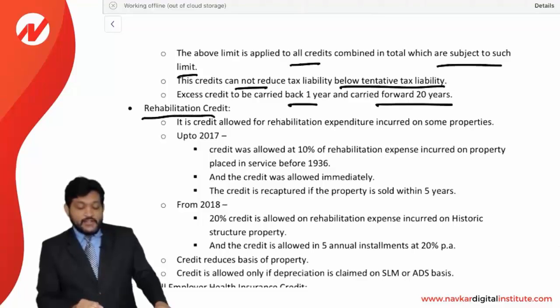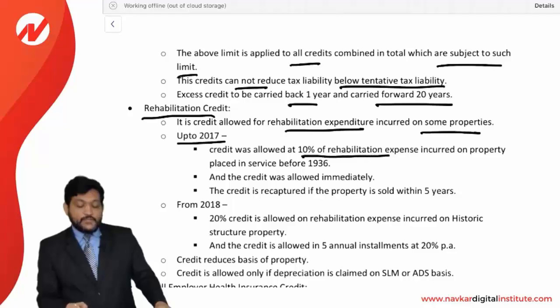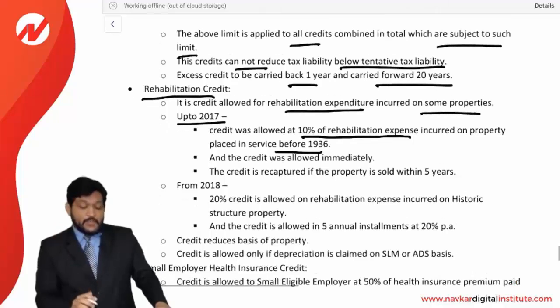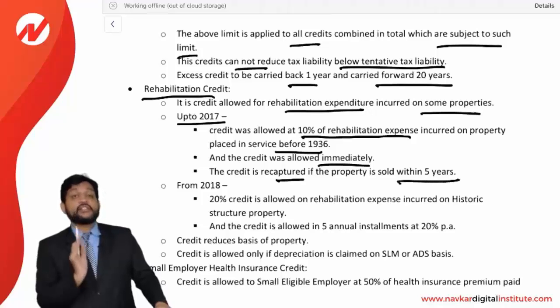Rehabilitation credit. It is a credit allowed for rehabilitation expenditure incurred on some properties. Up to 2017, the credit was allowed at 10% of rehabilitation expense incurred on the property placed in service before 1936, and the credit was allowed immediately. The credit is recaptured if the property is sold within 5 years. That provision was there up to 2017. Now from 2018, the provision has been changed.